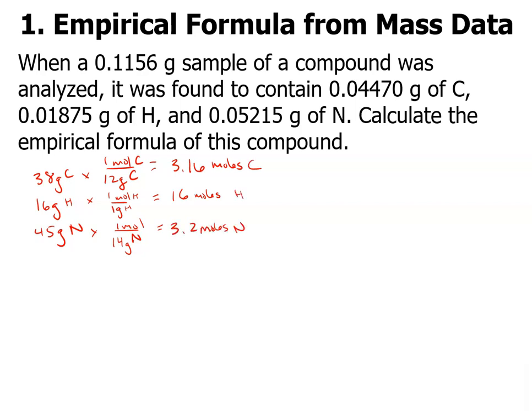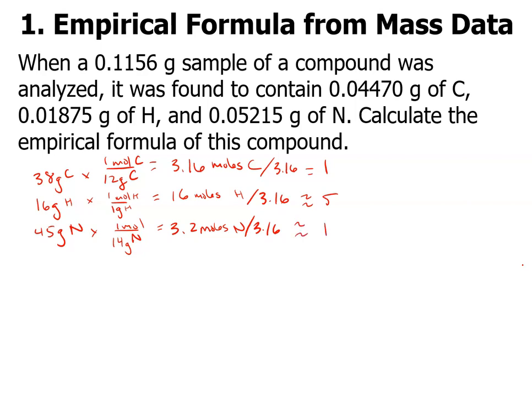So remember, it's percent to mass, mass to moles, that's where we are now, divide by small, and then multiply until whole. So the small number here is the 3.16, and that's going to make carbon 1. If we take 16 divided by 3.16, we will get approximately 5, and then 3.2 divided by 3.16 will be really close to 1.